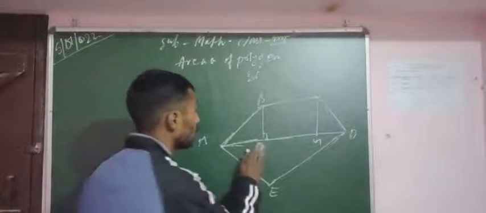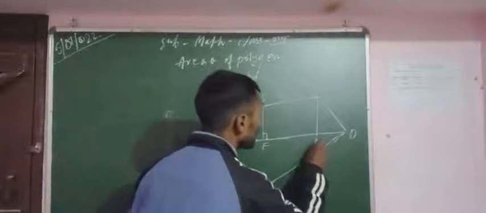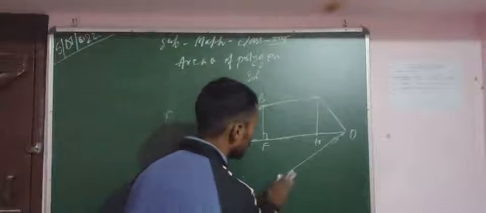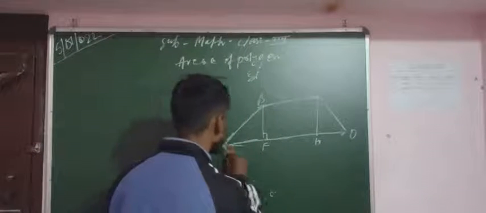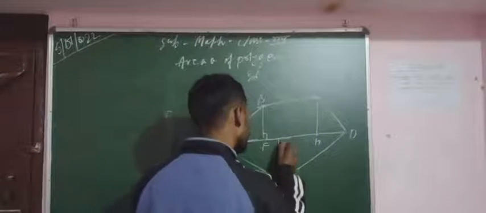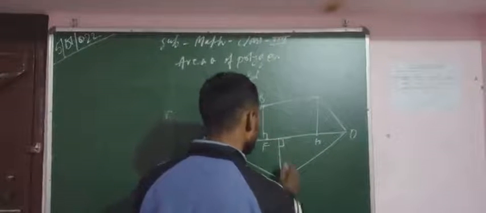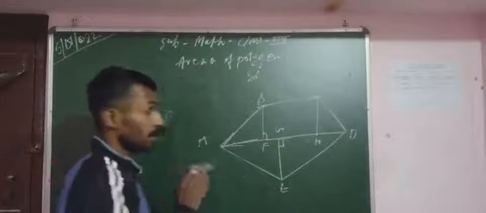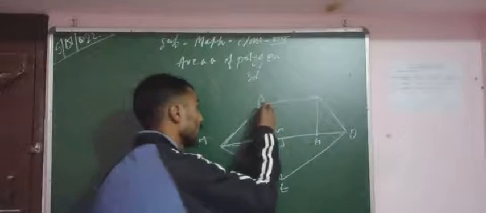Now look at this side. This is the height EG.